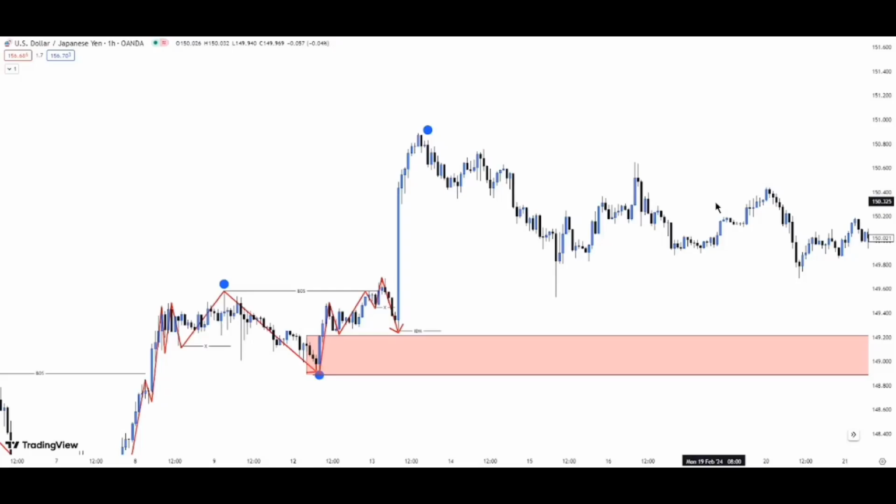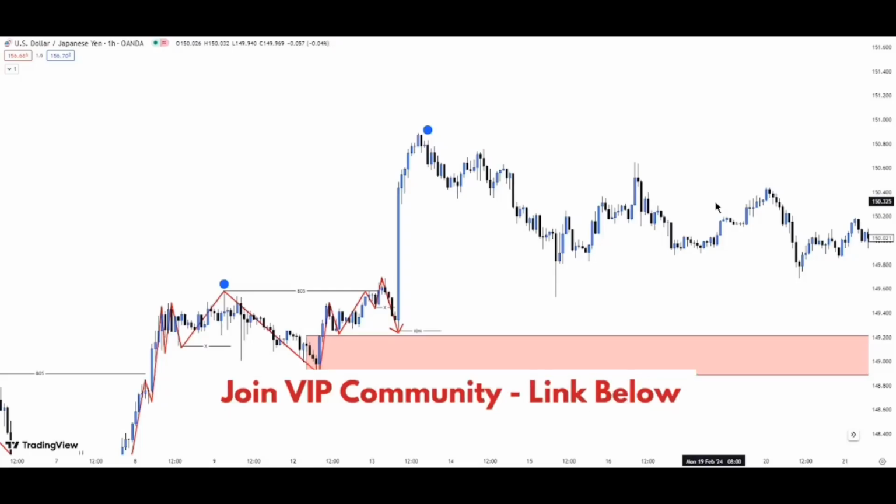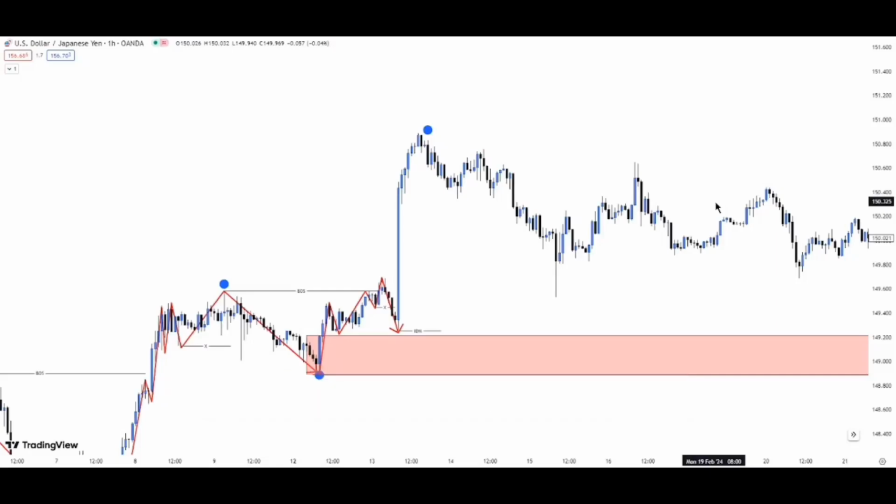Don't go marking microstructure inducement as inducement, because it's going to cause a lot of problems for you in the market. You will end up marking areas of interest that are not valid areas of interest. You will end up marking points where there is no change of character, and you also mark the wrong swing highs and swing lows in the market.